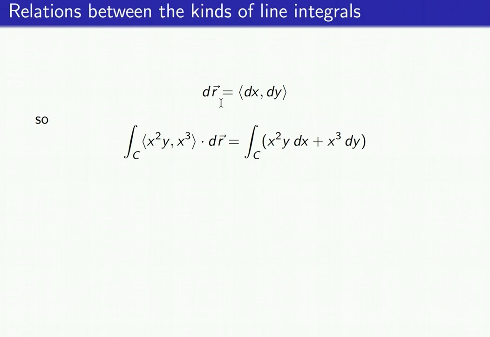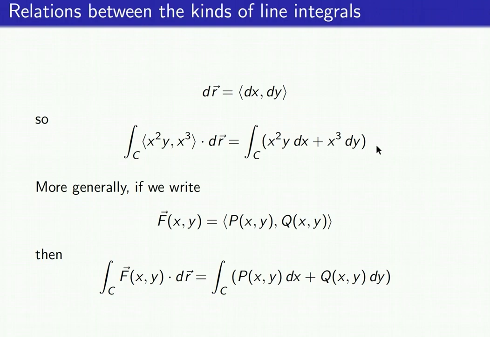So what do I mean by that? If you have a dr, it is actually this, dx comma dy. So this vector here is dr, and it's got the x component dx, y component dy. And so this integral here, this was the first example that we did, dot dr, I can actually write it as this times dx plus this times dy, like that.